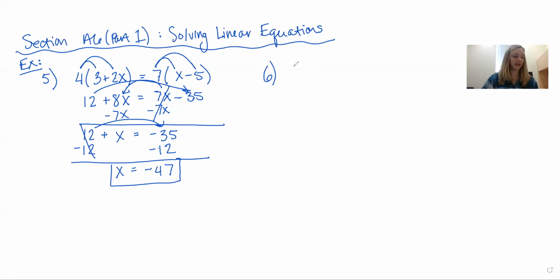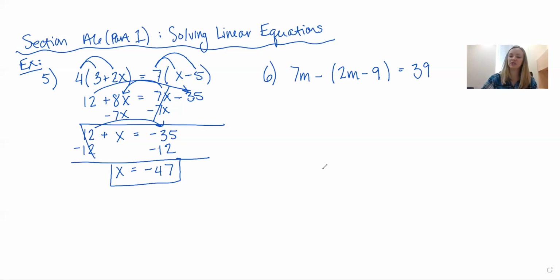So next one, let's go ahead and do 7m minus (2m - 9) equals 39. For this one, we have parentheses. So first thing we want to do is get rid of those parentheses.